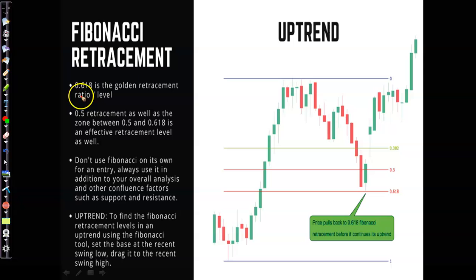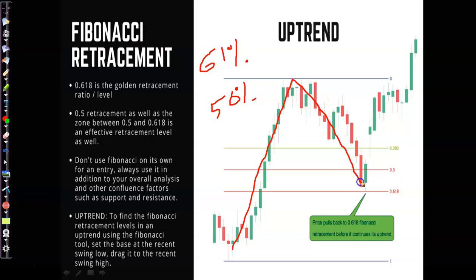With the Fibonacci tool, we use the 61% retracement or 50% retracement. Let's see here, price is running in an uptrend and creates a wave, and we are looking to buy after a retracement, or we can say pullback, to 61% or 50%.